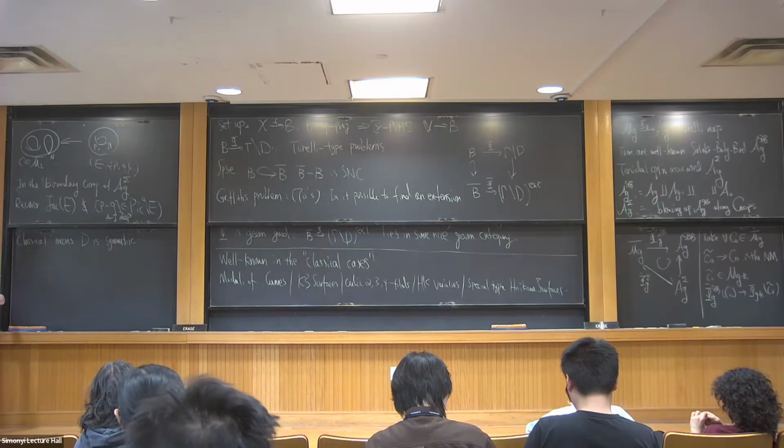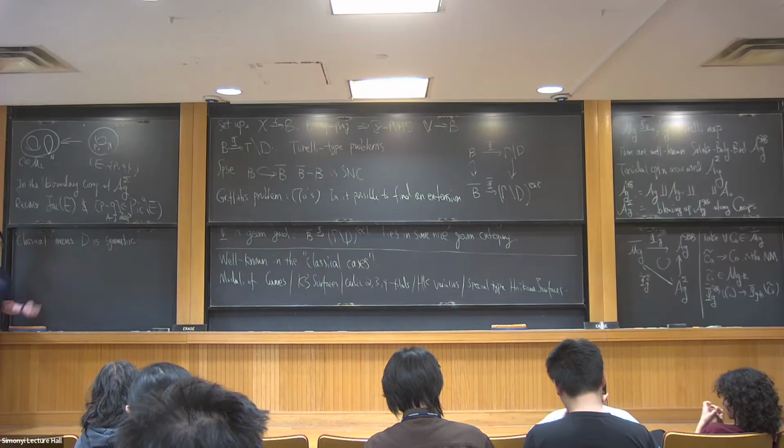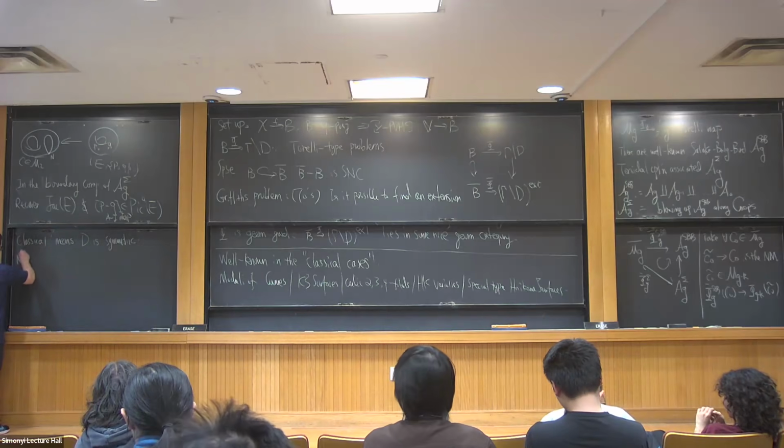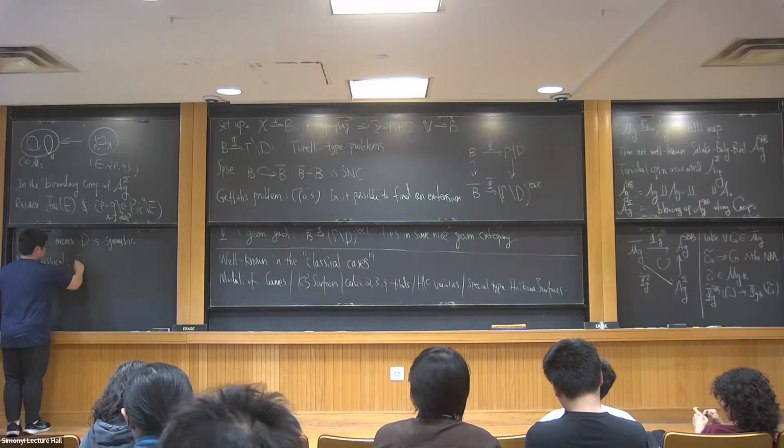But non-classical cases, as you can see, dominate the world of algebraic geometry, right? Because besides these very special cases, in general, you should expect non-classical cases. Non-classical is literally everything else.